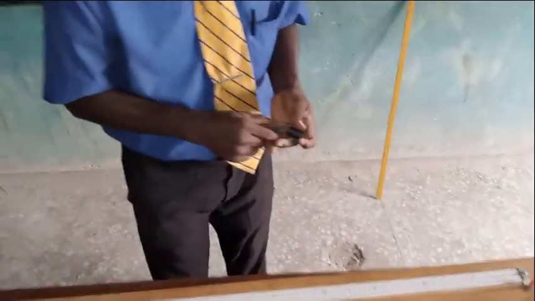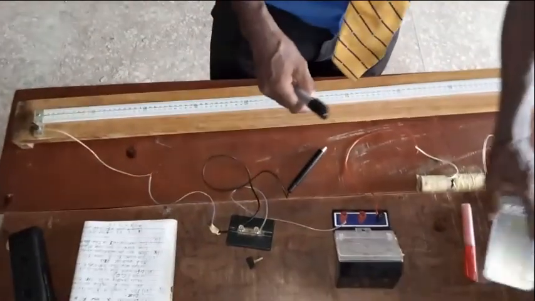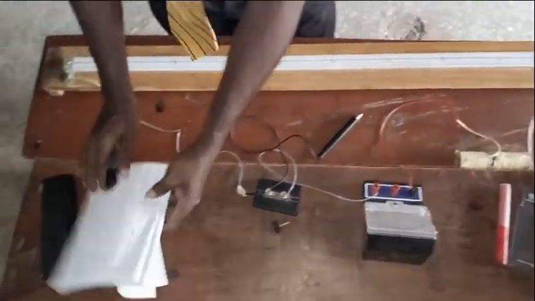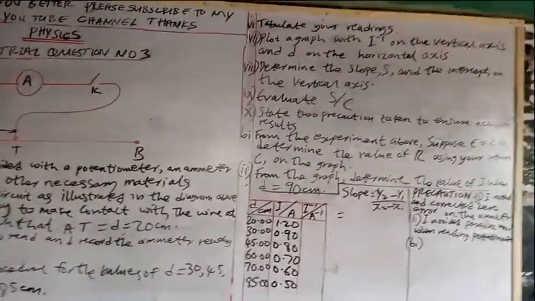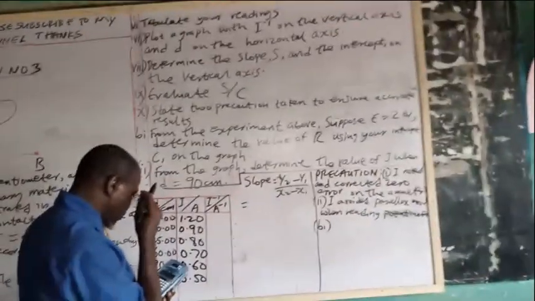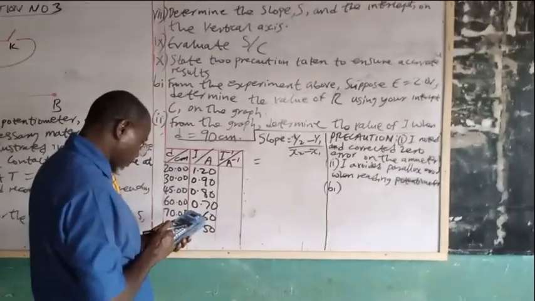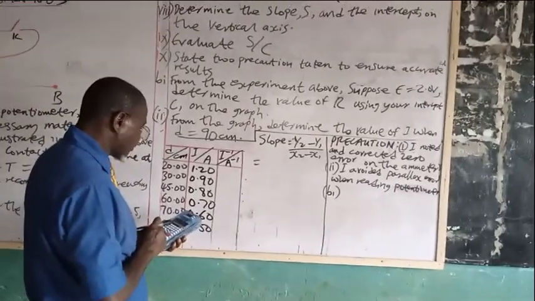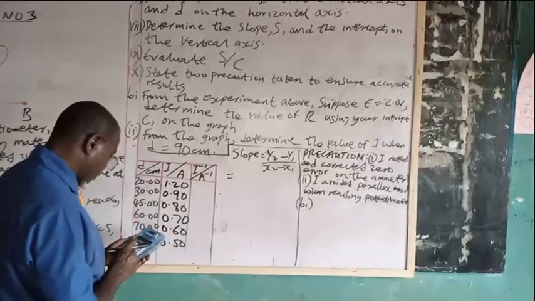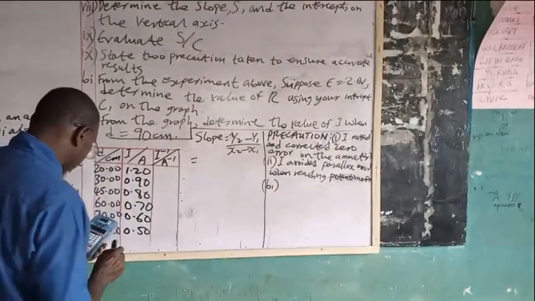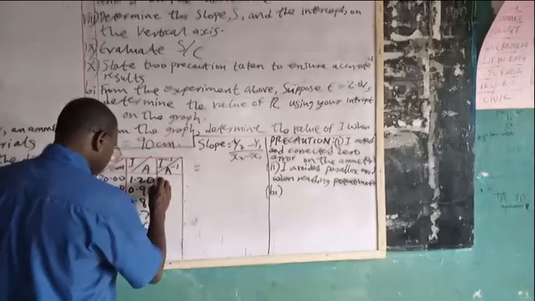Now, let us calculate our I inverse. Inverse of 1.2 is equal to 0.833.